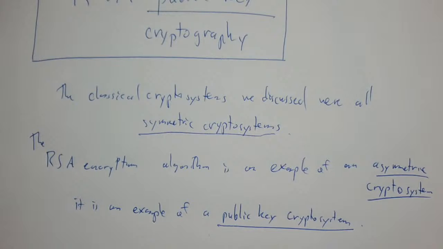So this was actually originally developed, I believe, by British intelligence agencies, and it was kept secret until a lot more recently. I think it was kept secret until like the 90s, but it was essentially discovered within only a few years of this original British discovery that was kept secret.